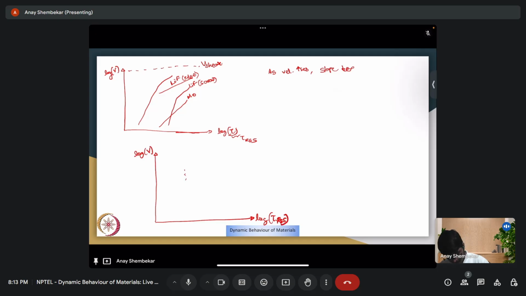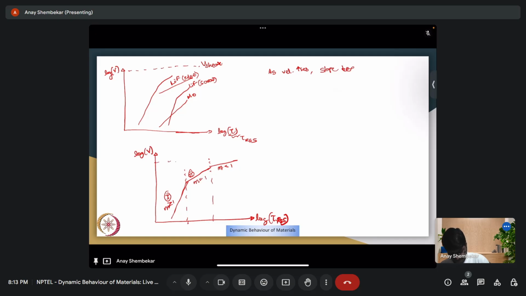You can divide it into three zones, so to speak. First one is zone 1 where the slope is less than 1, zone 2 where the slope is equal to 1, and zone 3 where the slope is greater than 1.